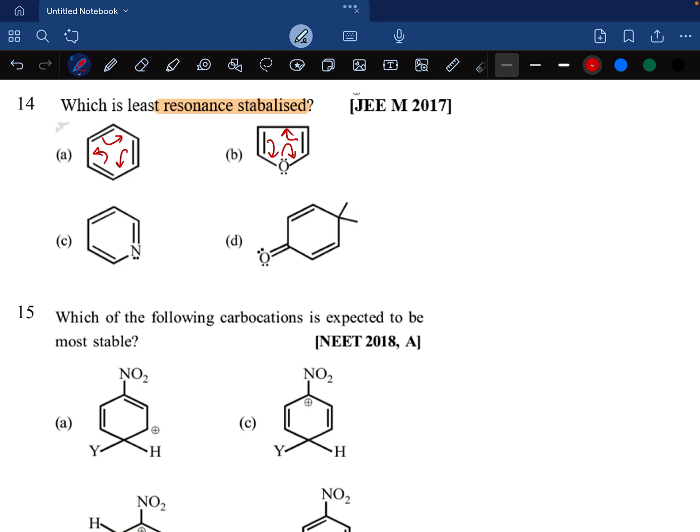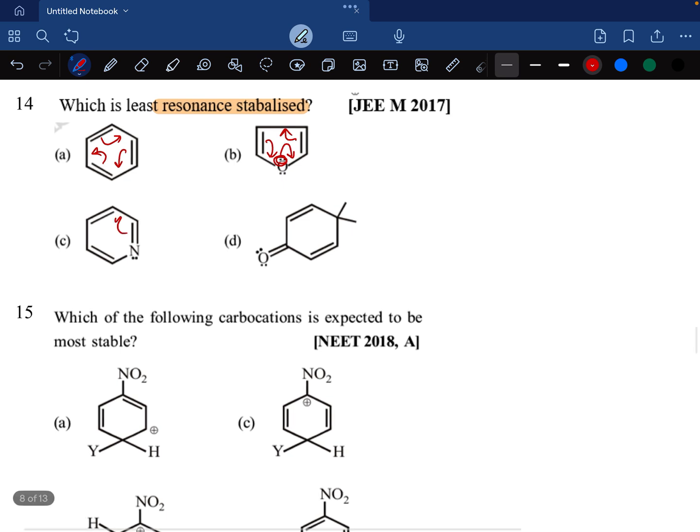On the oxygen, 2 electron pairs are there, of which only one is participating, the other is not. In the third case, there is also complete resonance and the lone pair on nitrogen is not participating, only the 6 pi electrons are participating.